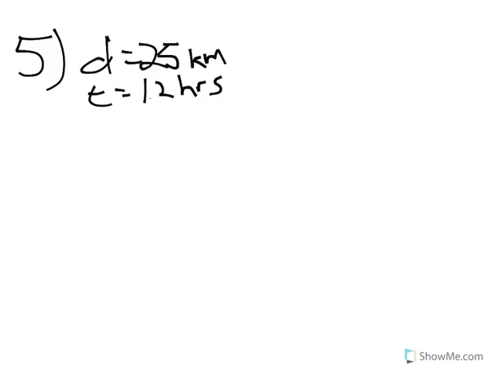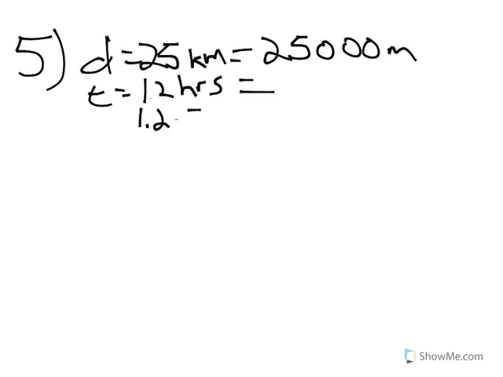Alright, next one, number 5. The car travels 25 kilometers in 1.2 hours. So first thing you have to do is get kilometers to meters. The kilo in kilometers stands for 1,000. So this is literally 25,000 meters. And then 1.2 hours, you just need to do 1.2 times 3,600 seconds to get it into seconds, and when you do that, you get 4,320 seconds.